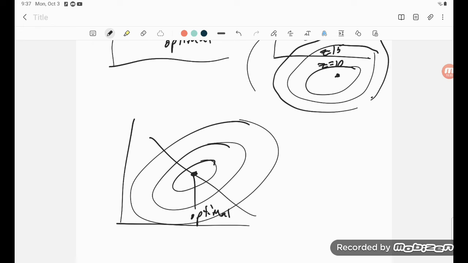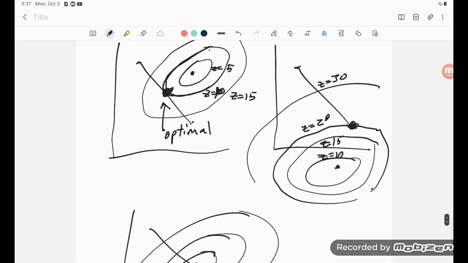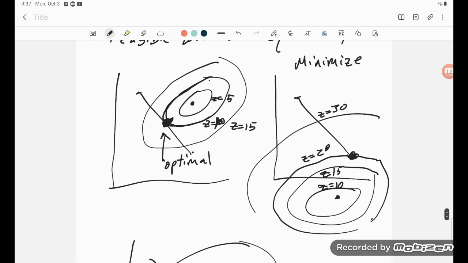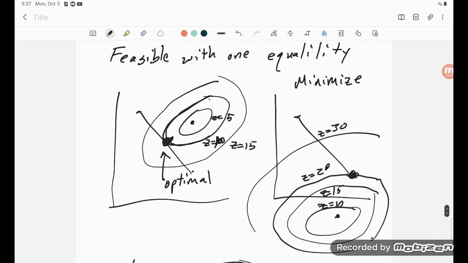It's probably not real often something like that would happen, but more likely you get one of these two cases. So that is how a quadratic objective function will change things, is that it is possible we will not be at the edge of our feasible region.